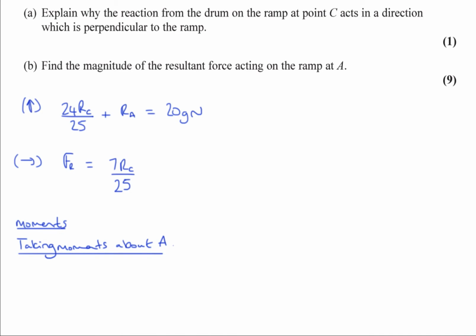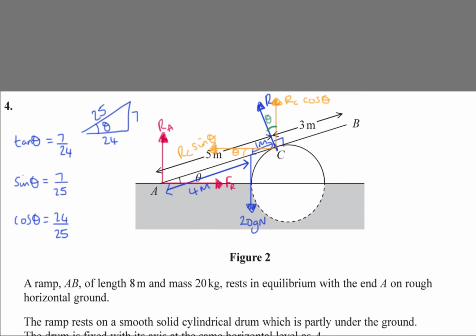So for the moments about A, the pink ones are going to go, and the orange ones are the resolved forces of RC. We've just got RC and the 20 G newtons to look at.